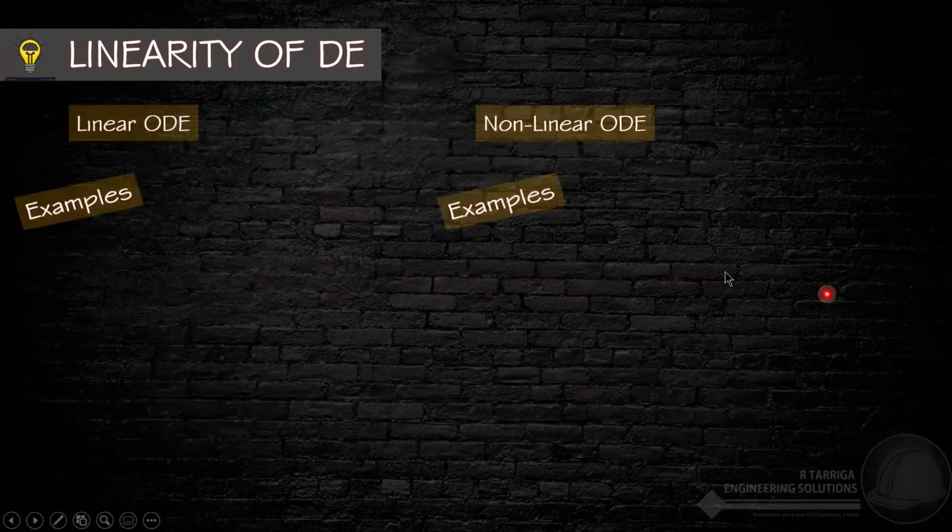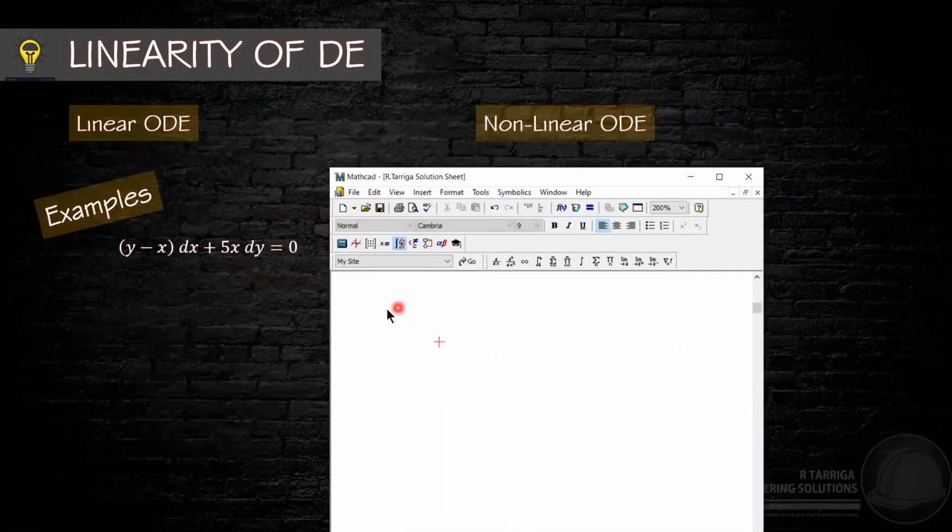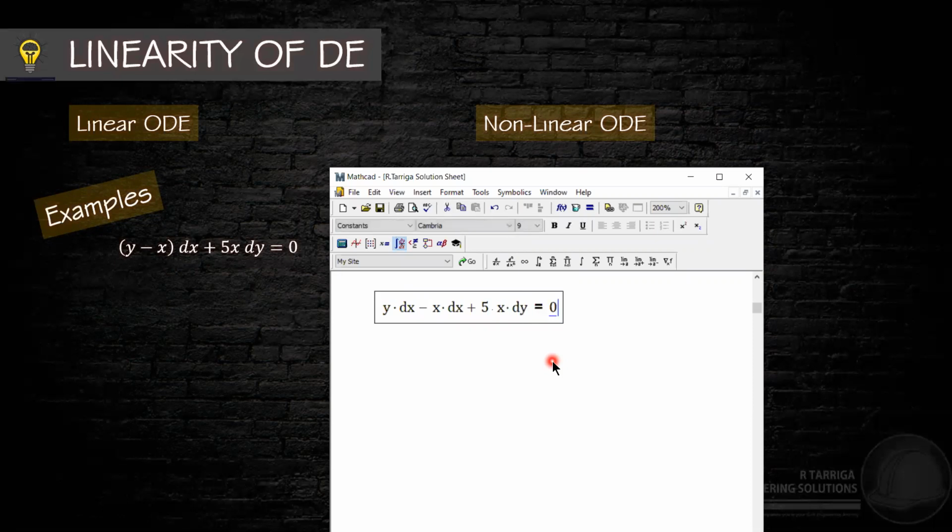Okay. Quantity y minus x dx plus 5x dy. So if we will simplify that one, that would be y dx minus x dx plus 5x dy equals to 0.